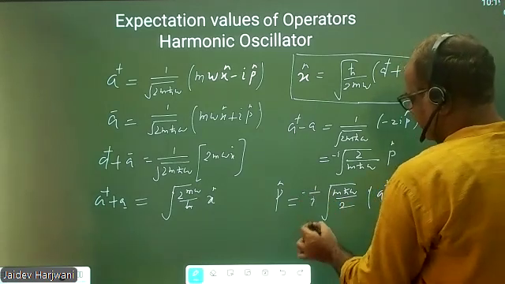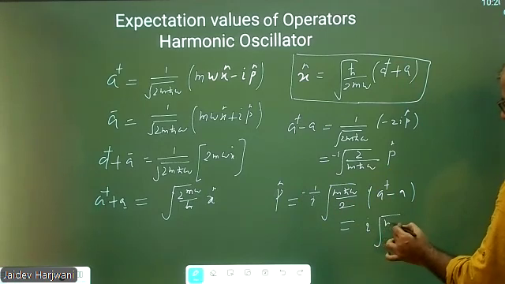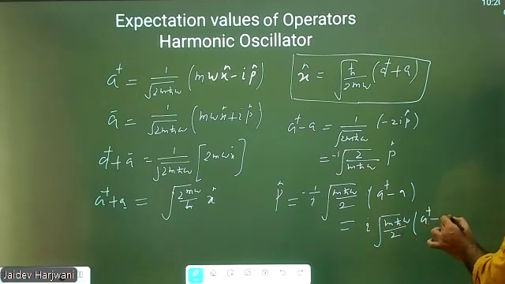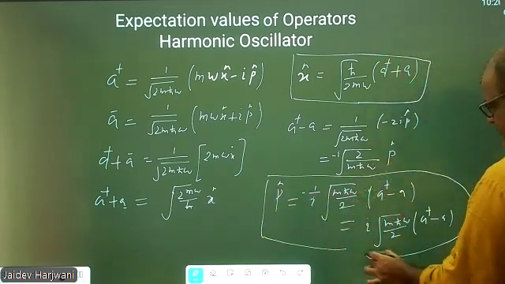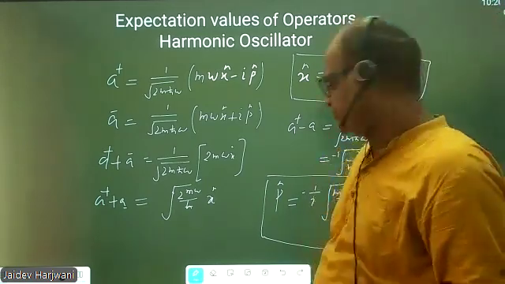Now minus 1 is iota square, so this gives me iota times root of m h cut omega upon 2 times (a plus minus a). So this is the operator p value.